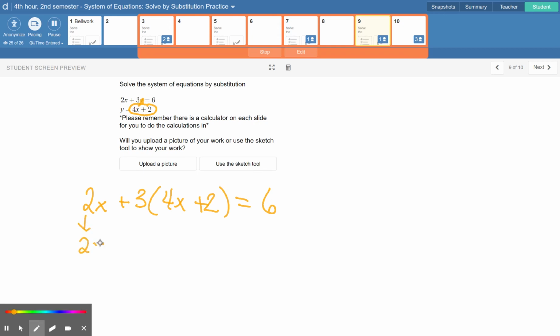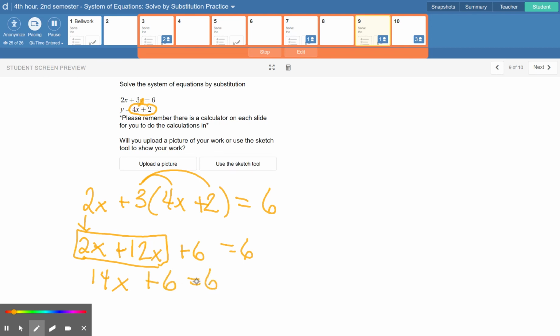So 2x is not needed right now. We have to distribute that 3 into the 4x and then the 3 into the 2. We're going to combine like terms. So 2x plus 12x gets you 14x.